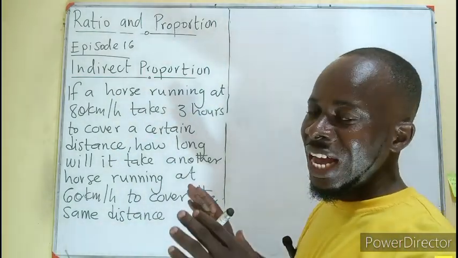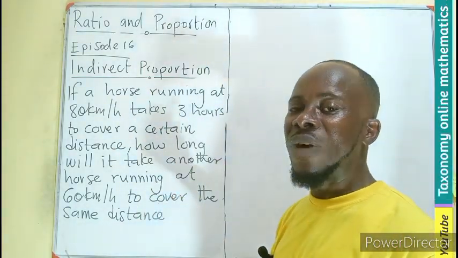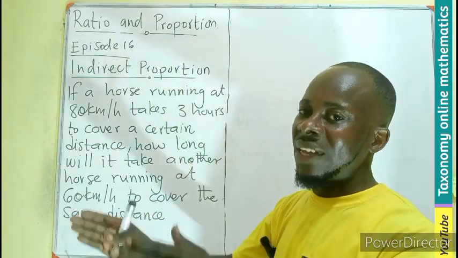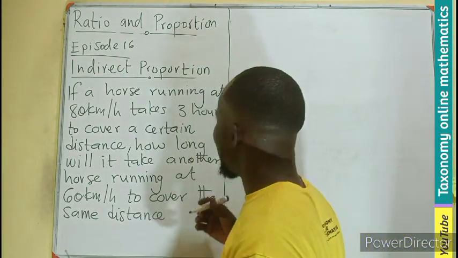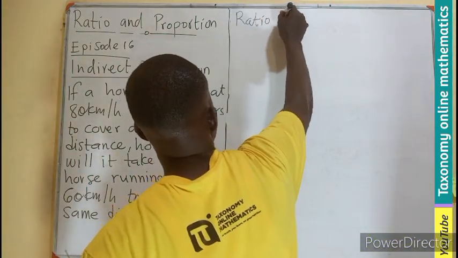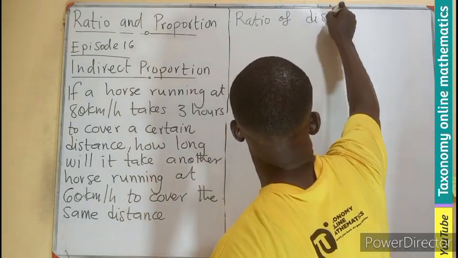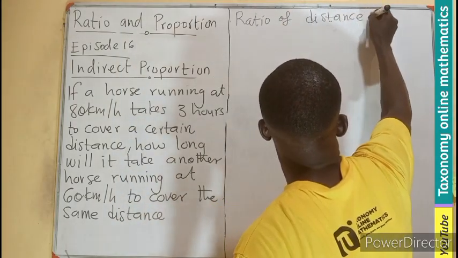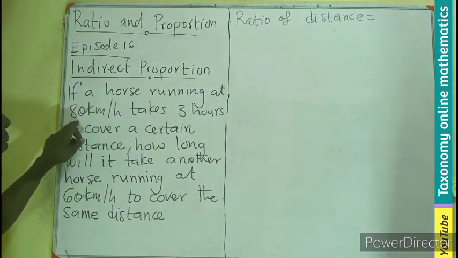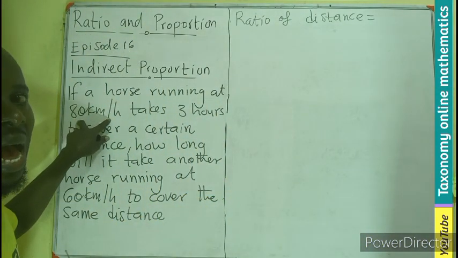We remember we mentioned that under indirect, we first of all identify the two ratios present. So let's see. The ratio of distance. The first distance mentioned, we are going to run this per hour.